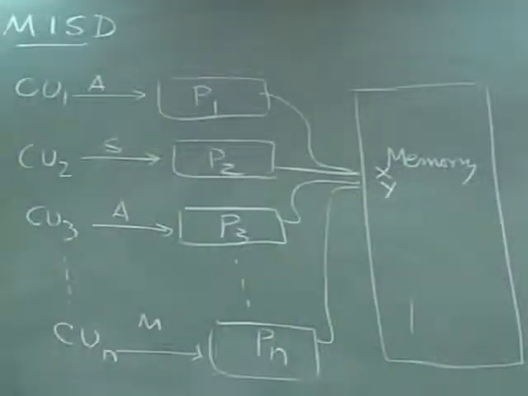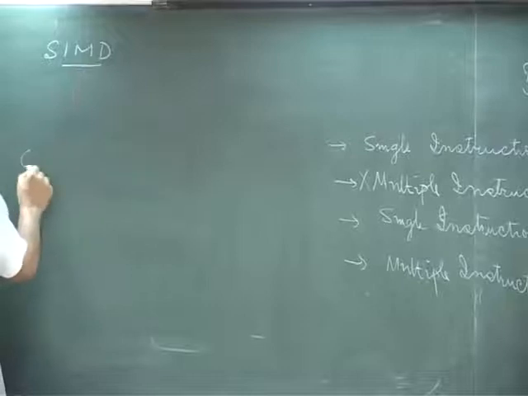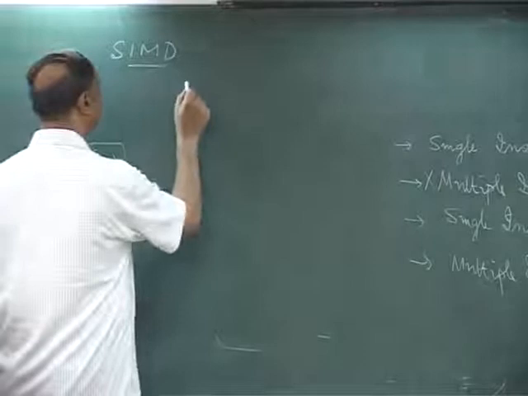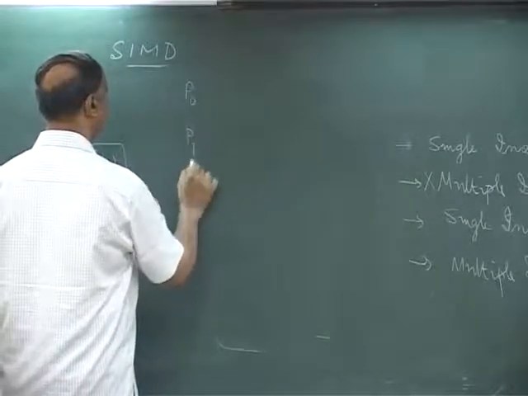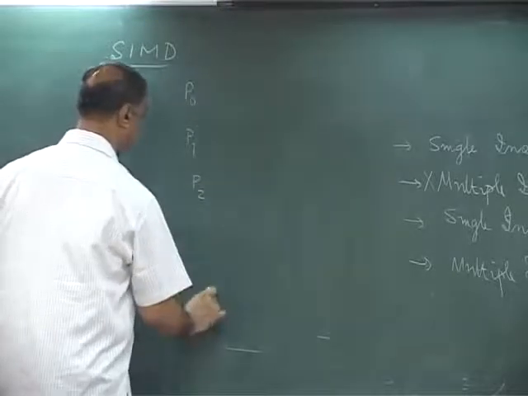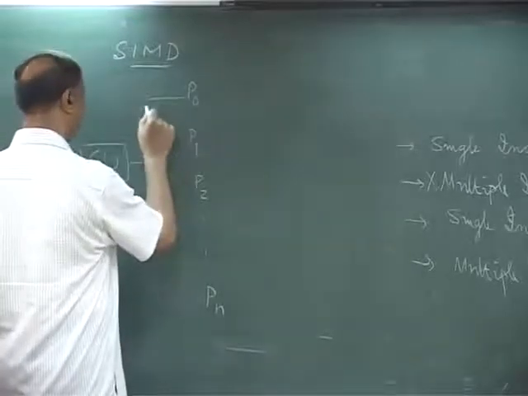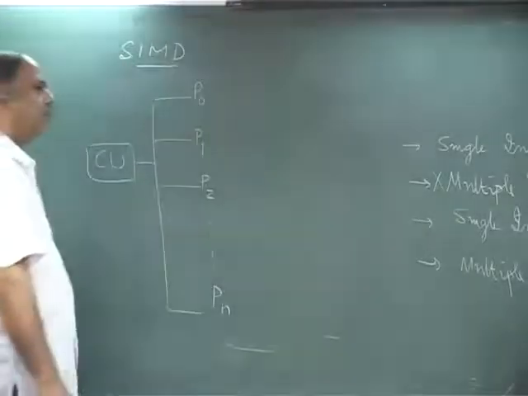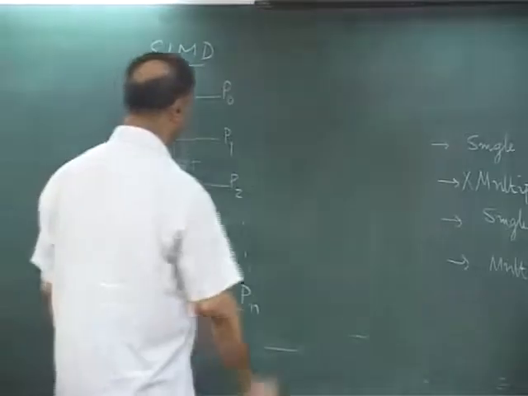Now let us consider the third model, which is SIMD. Here you have one control unit and processors P0, P1, P2, Pn. That control unit broadcasts a single stream of instructions to all the processors.